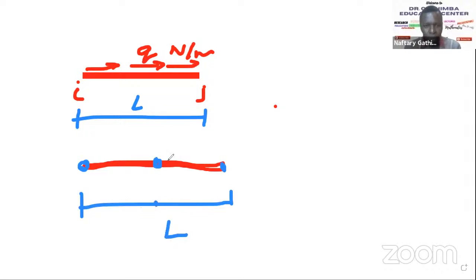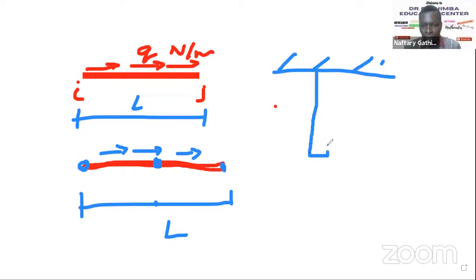Again, we assume a uniformly distributed load throughout. So we consider this type of uniformly distributed load. Assume a bar element that is suspended like that, and the system supporting the load is attached here, carrying some weight.